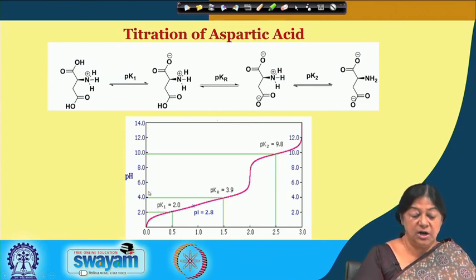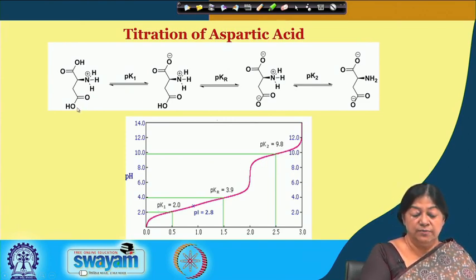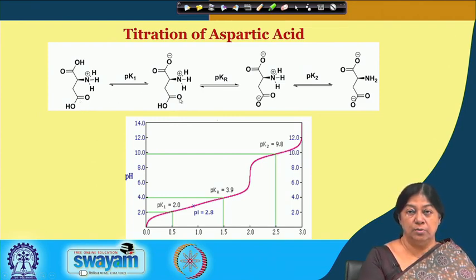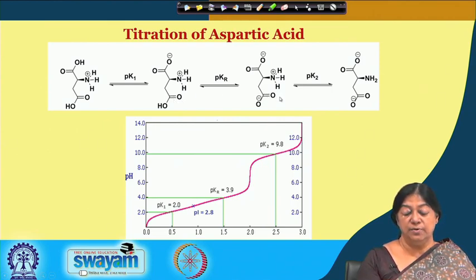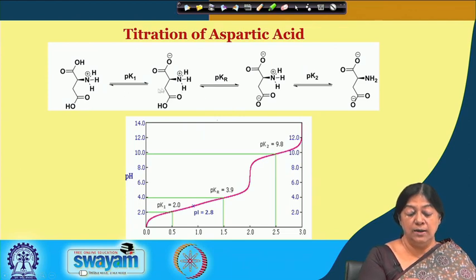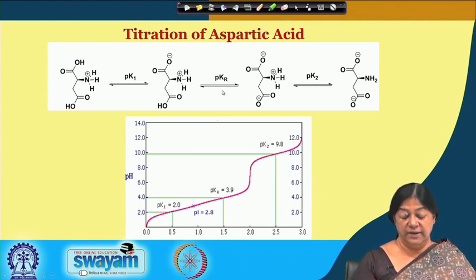So, what is the charge going from pK1? It is going from +1 to 0. For pKr, it is going from 0 to -1, and here it goes from -1 to -2. But we are interested in determining the PI from this set. So, it is pK1 plus pKr divided by 2.